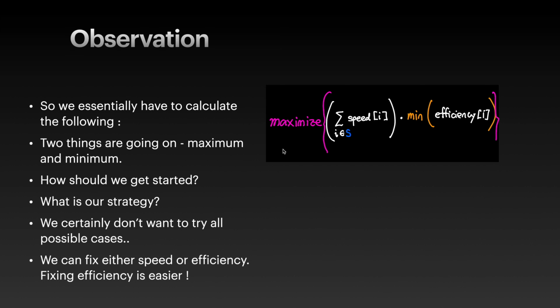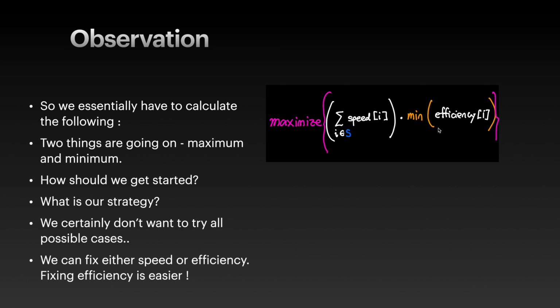So that's a lot of numbers. We have to maximize over all the possible combinations, 10 choose 1 all the way to 10 choose 5. And then we also have this minimum here. If we have 5 engineers among 10 engineers, then the efficiency will be the minimum of those 5 engineers we chose.